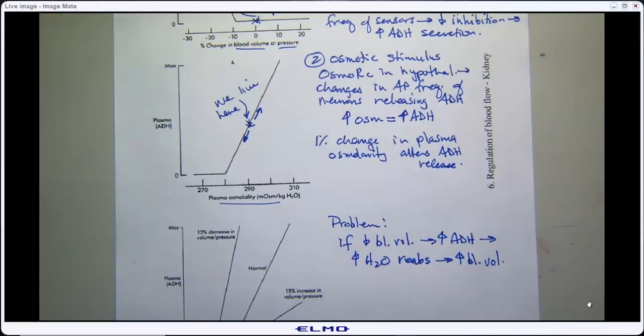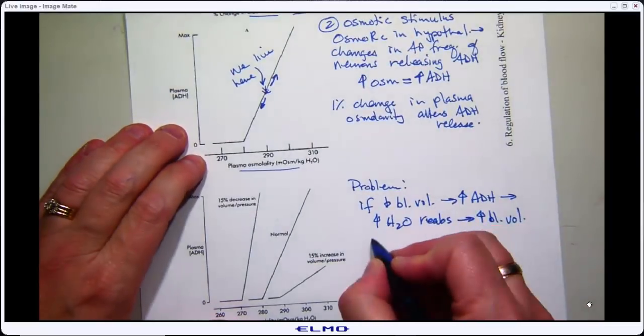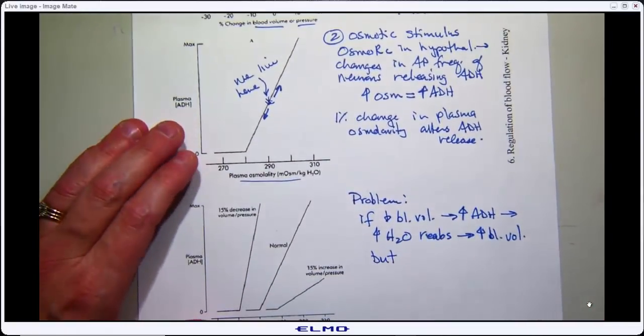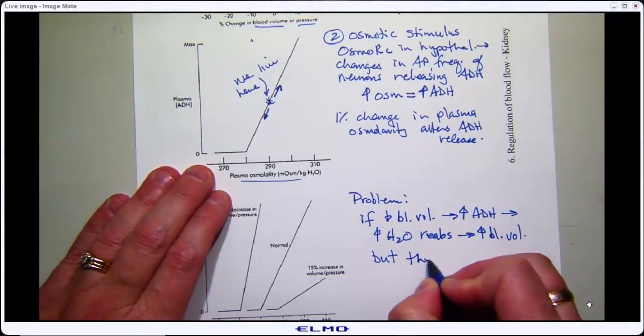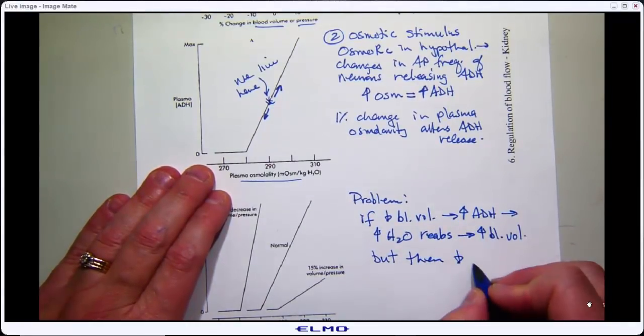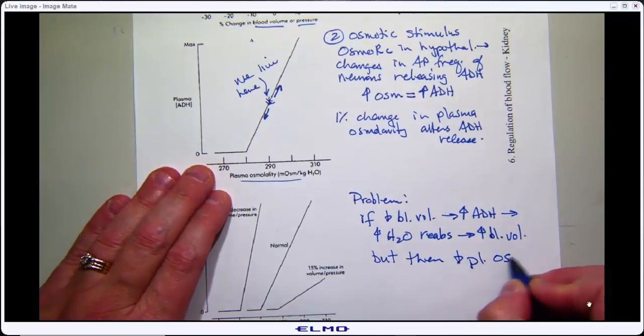So we're now going to dilute the blood, and only a 1% change in osmolarity can change ADH production, right? So the problem is that we brought back that water, which is fantastic, but then we're going to decrease our plasma osmolarity.